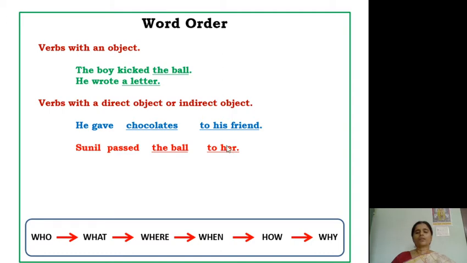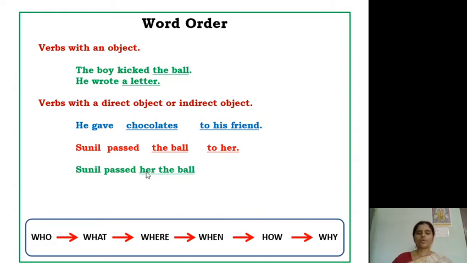If this indirect object is preceded by to, then it has to be placed after the direct object. Sometimes we place the indirect object immediately after the verb.